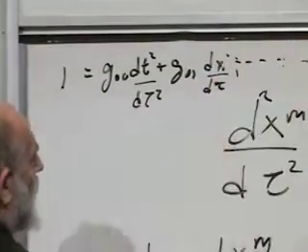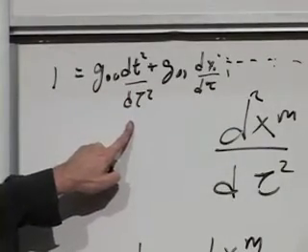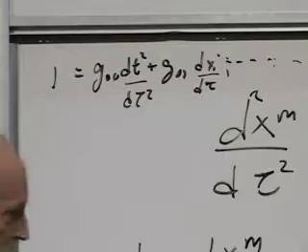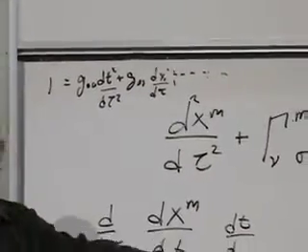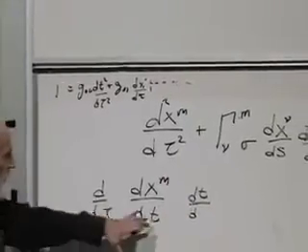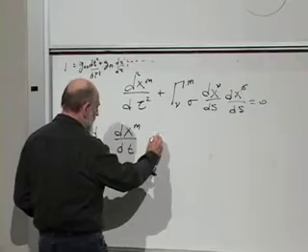And then we solve for dt by d tau. That tells us what dt by d tau is. And it's just some complicated thing involving the metric and the velocities. So something complicated but known goes in here for dt by d tau.